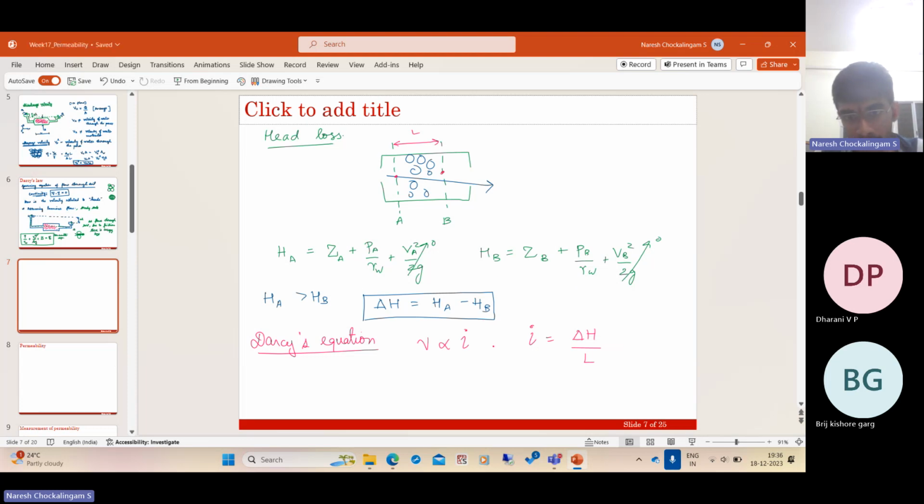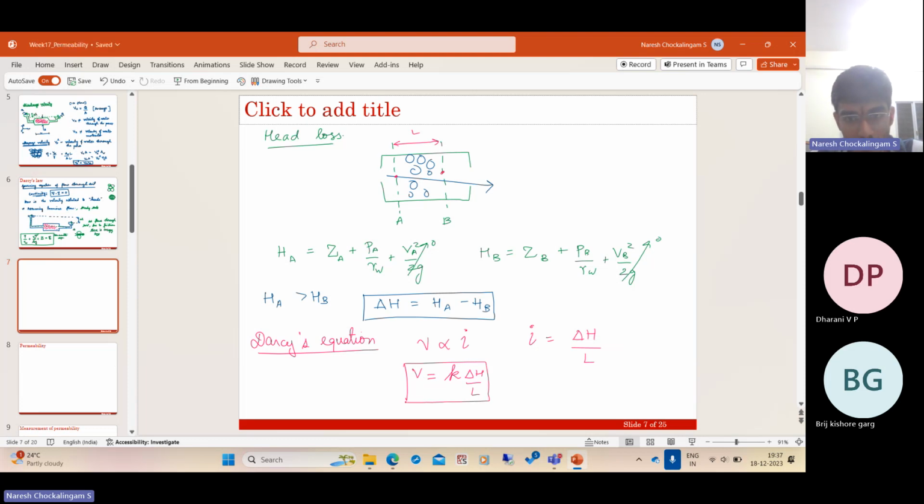It is the loss of total head. Darcy's equation states that the discharge velocity of water as it flows through a permeable medium is proportional to the hydraulic gradient, which is the head loss per unit length of the flow. And the proportional constant is called the hydraulic conductivity or permeability. So V is equal to K delta H by L, where L is the length of the flow and delta H is the head loss. So this is called Darcy's law.